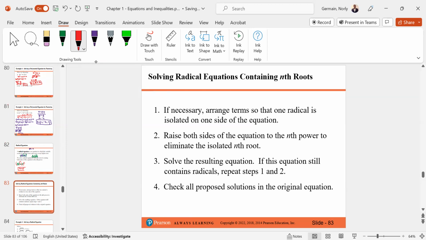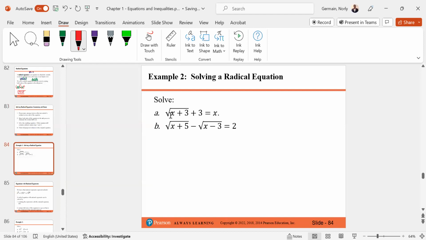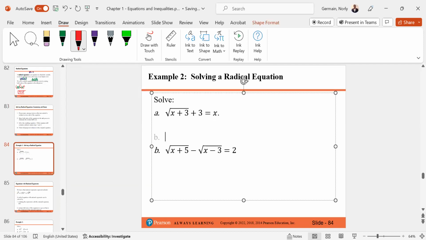Then check all proposed solutions in the original equation, because not all answers are solutions. Extra solutions may be introduced when you raise both sides of a radical equation to an even power. Sometimes the solution is an extraneous solution or extraneous root. That means you say no solutions. Now, look at this one. I'm going to go through two examples where we have that.